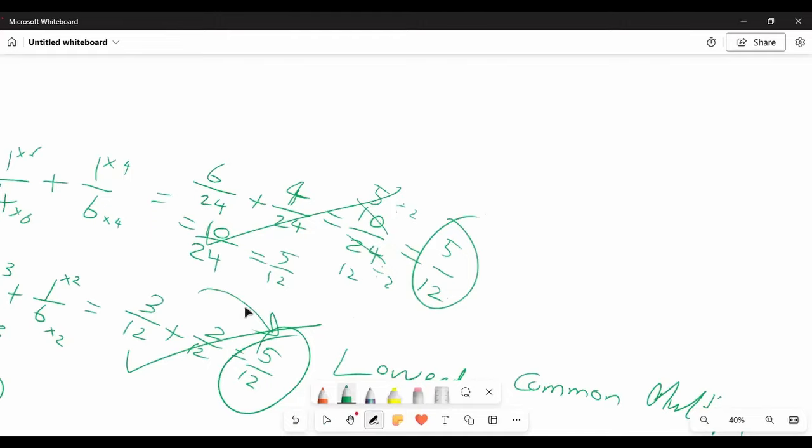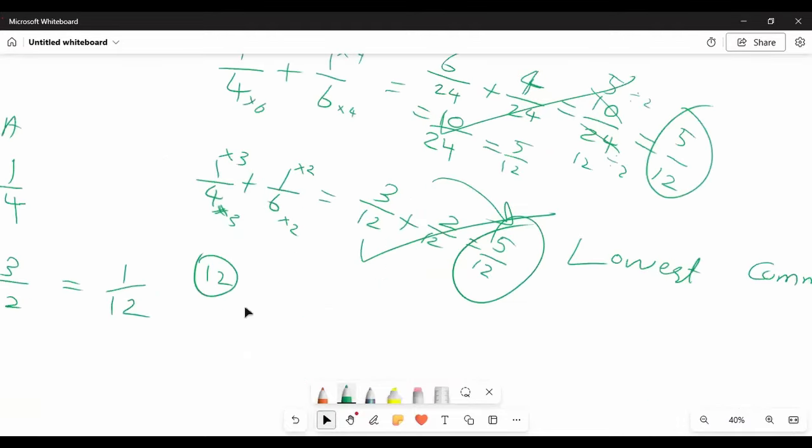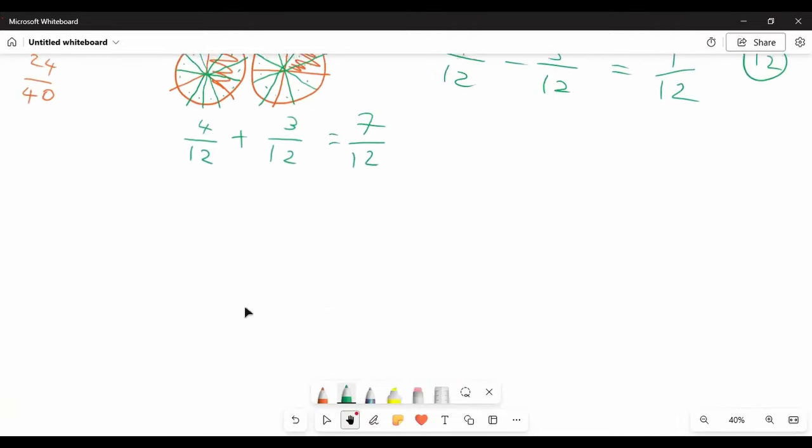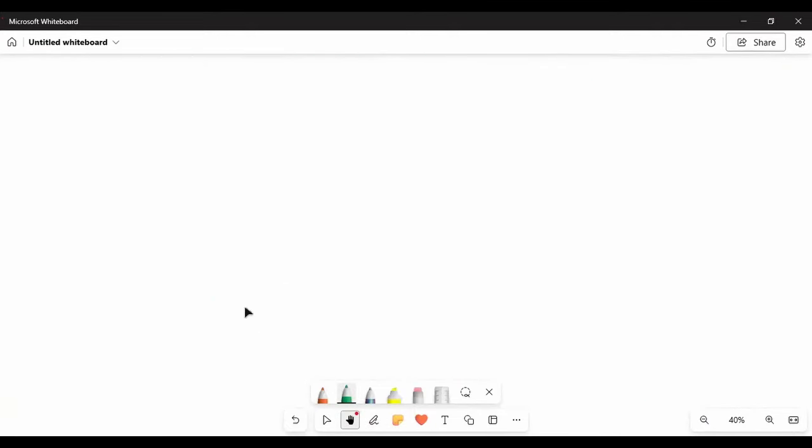All right. So this part is also done. Shall I give you all some questions to work out before moving on to multiplication and division?